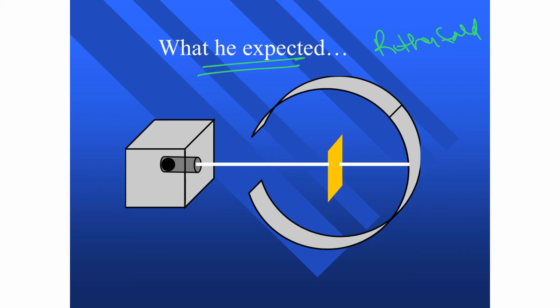He expected that these atoms, these gold atoms, were like plum pudding, right? So he thought that they had mostly positive material, but there were negative electrons that were spread out in here. And this alpha particle was positive, right? So they knew it was kind of a big positive particle.